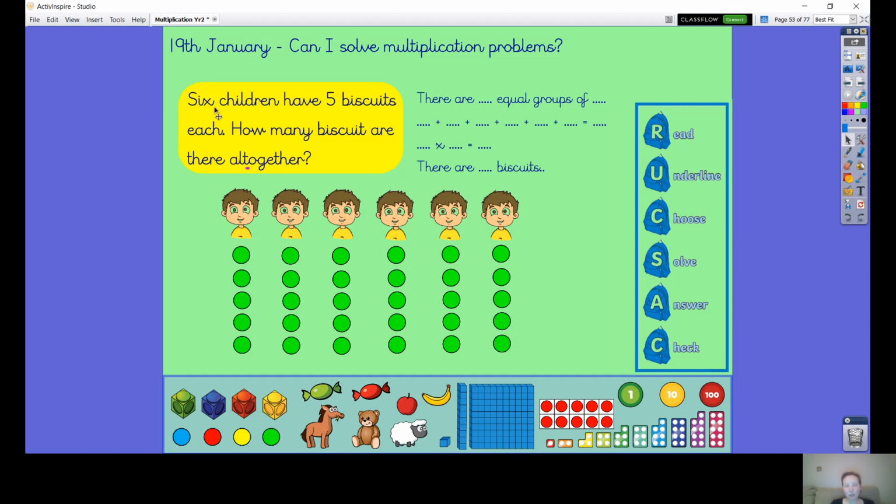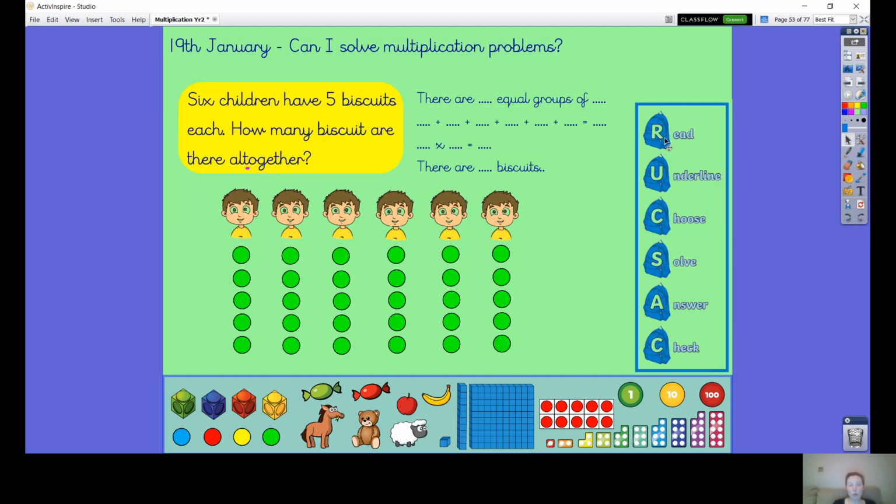So we're going to get a pencil and we're going to underline the bits we think are really important. We'll then need to choose whether we're doing an addition or a multiplication, a subtraction or a division. We're then going to solve it and then answer it by writing a sentence. And we'll think about some ways to check as well.